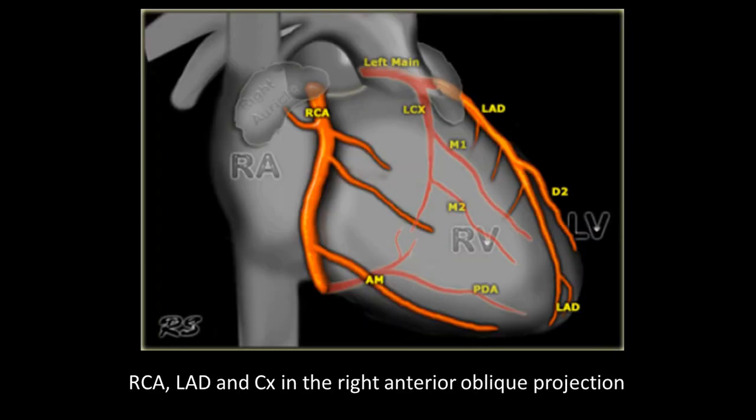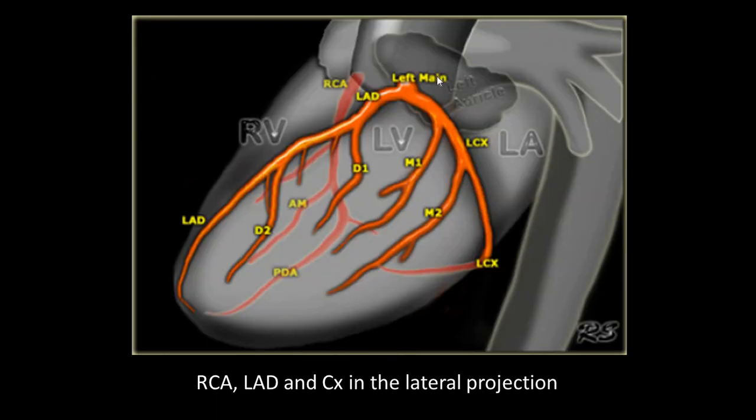That was an anterior projection. This is a right anterior oblique projection. This is the left anterior descending with diagonals, left circumflex with marginal arteries. Right coronary artery and acute marginal, AV node branch, and PDA.